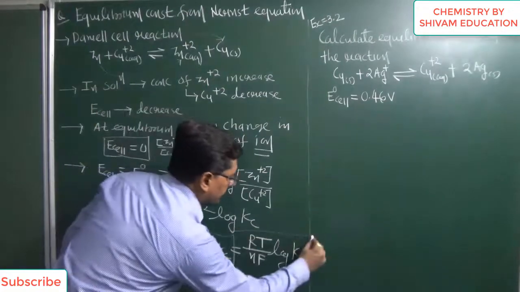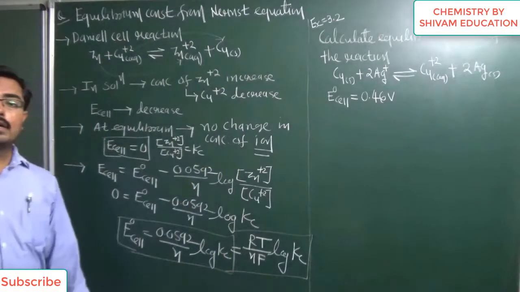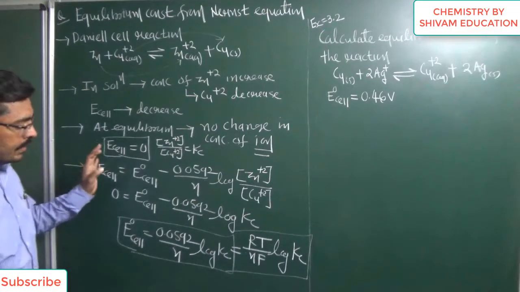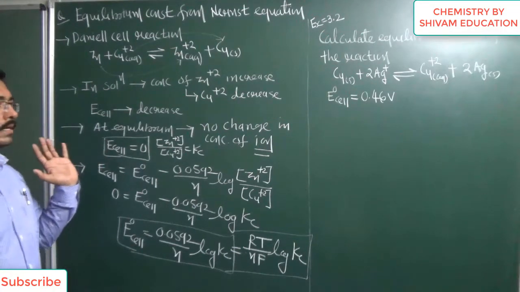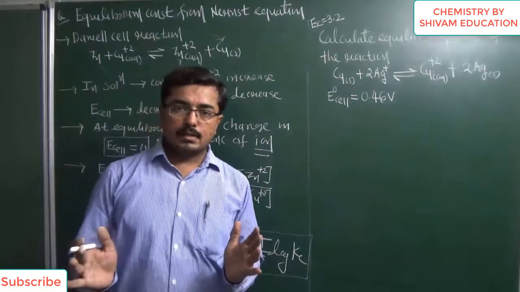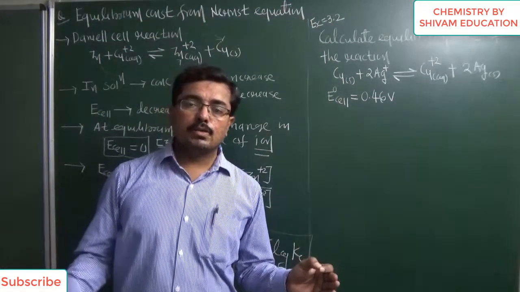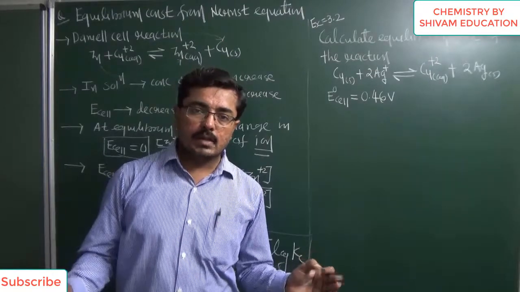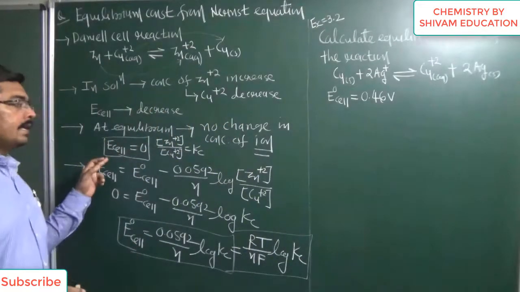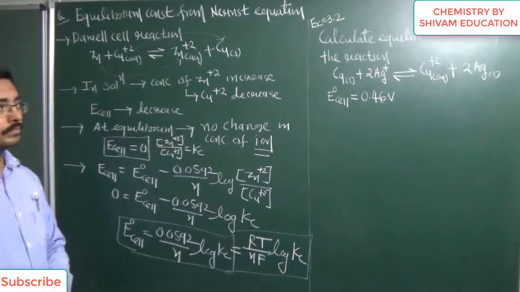So by using this equation one can calculate the equilibrium constant for any electrochemical cell. When equilibrium is established, there is no change in the concentration of ions associated with the cell reaction, and therefore the potential of the cell becomes 0.